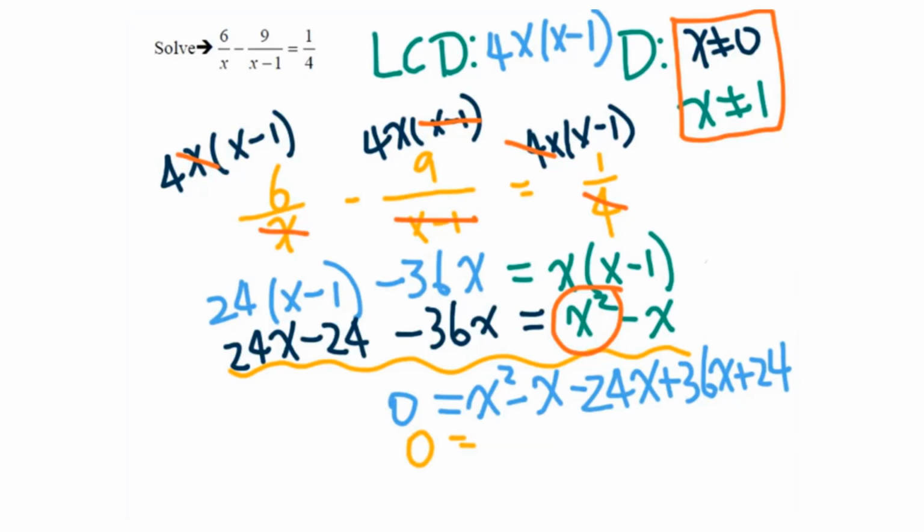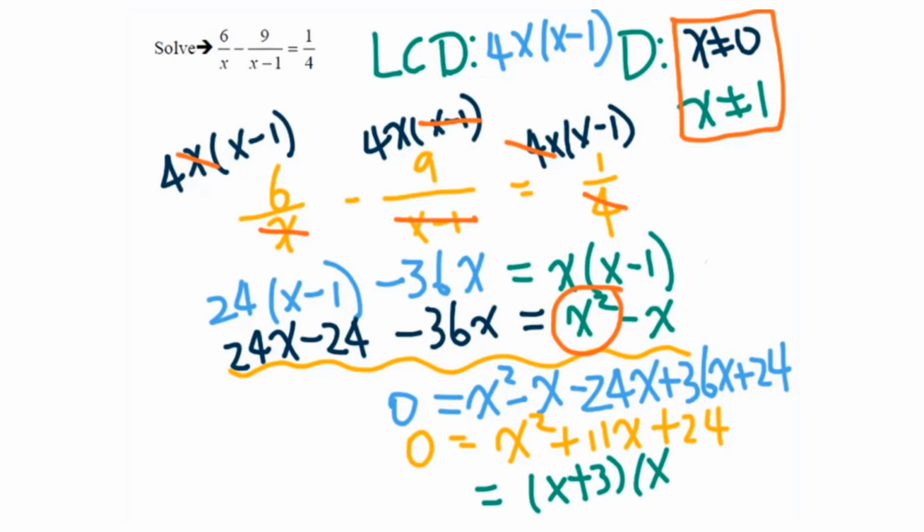Simplify, you will get x squared plus 11x plus 24. We can factor this. We got x plus 3 times x plus 8 equals 0.